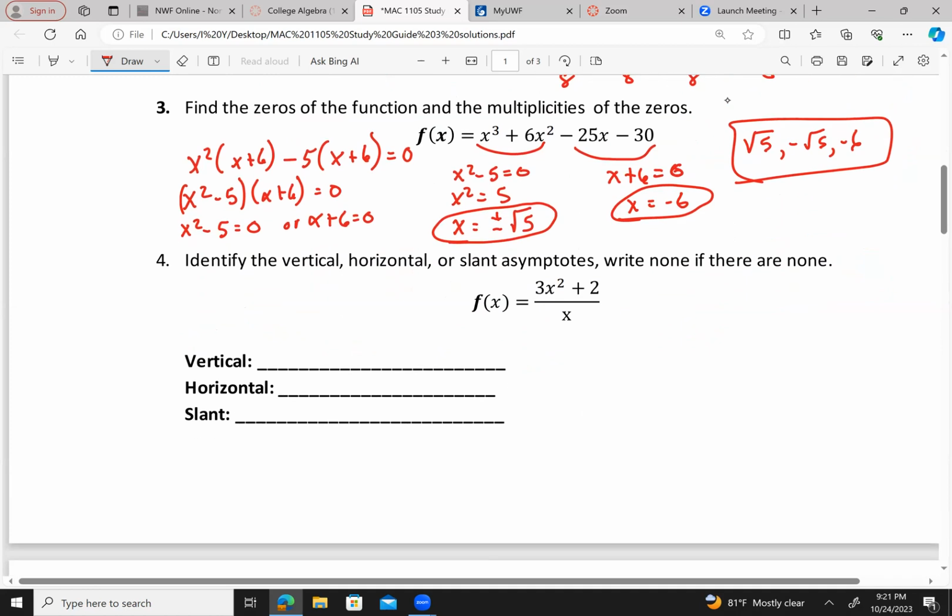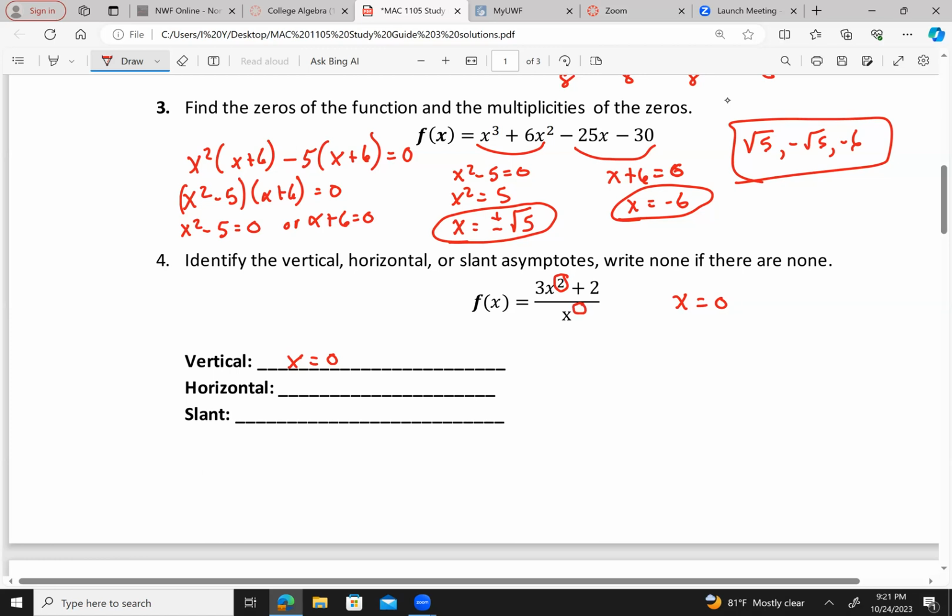Okay, identify the vertical, horizontal, or slant asymptotes. Write none if there are none. For vertical, we just set the denominator equal to 0. x equals 0. Now, the degree of the numerator is 2. The degree of the denominator is an understood 1.